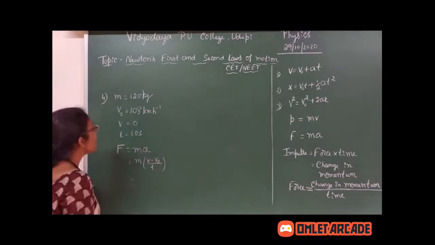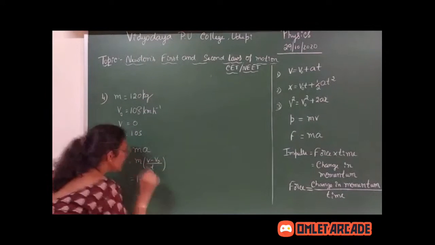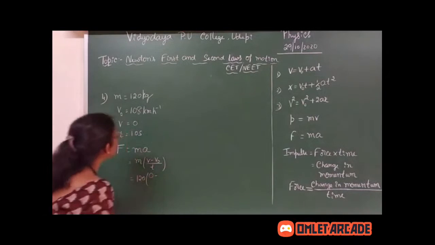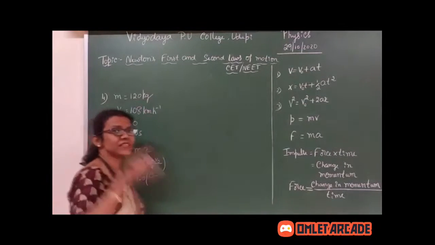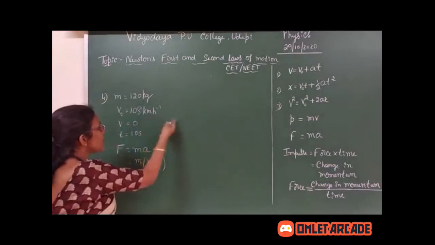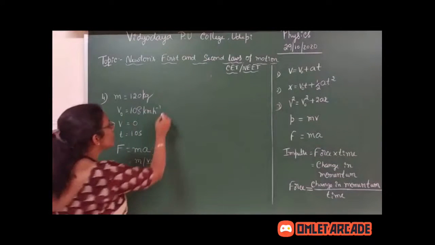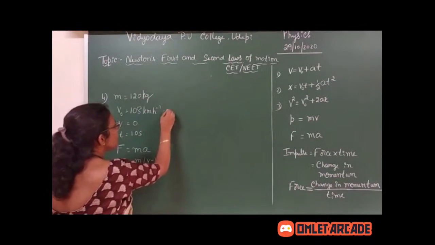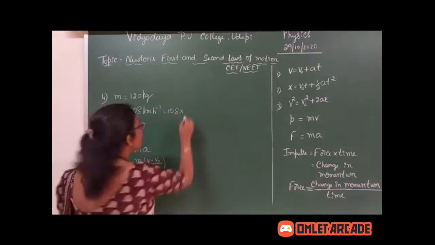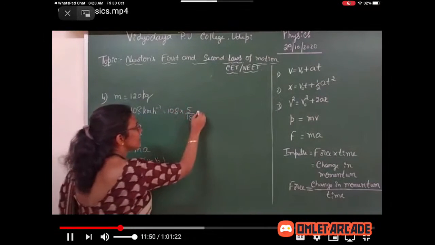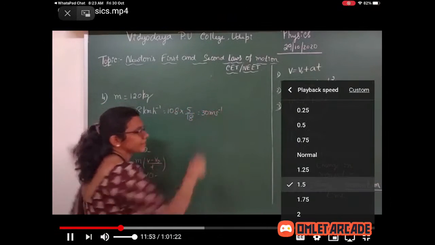We'll substitute it here. m is 120 into v is 0 minus v naught. As I said in the beginning, this is in kilometer per hour, we need to convert into meter per second. So how to convert into meter per second? That is 108 into 5 by 18, which is equal to 30 meter per second.